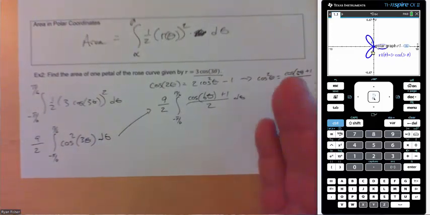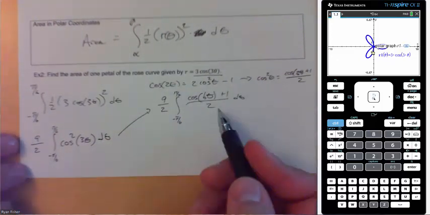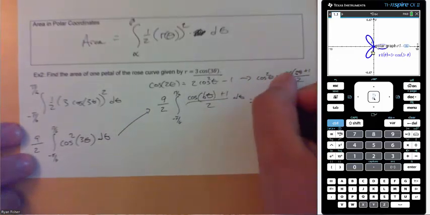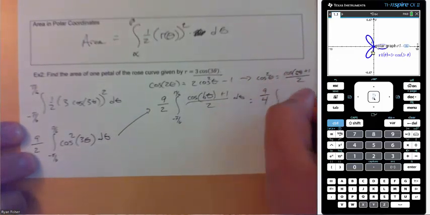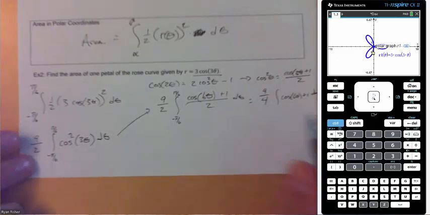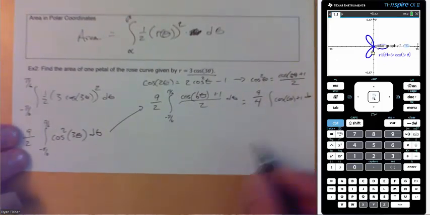So from here, we can integrate this. I'm going to factor out this 2 and get 9/4 times the integral of cosine of 6 theta plus 1 d theta, with my limits of integration that I'll fill in later.